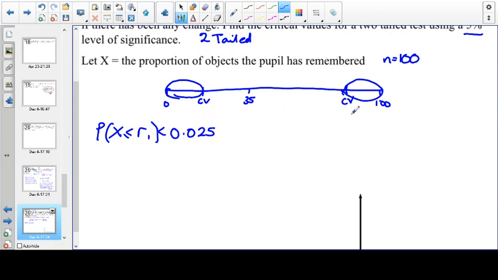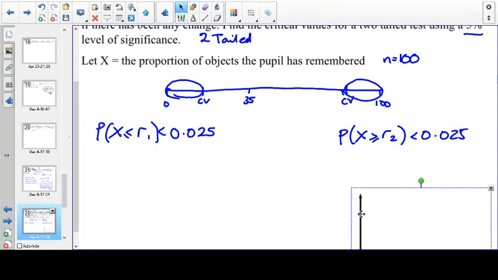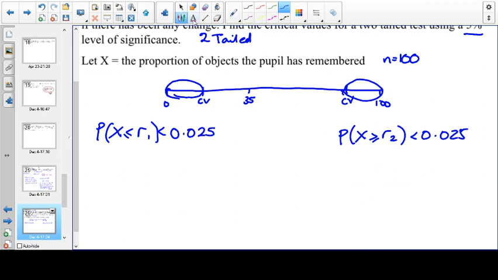And for this one, we want the probability that X is greater than or equal to R2 to be less than 0.025. So I'm just going to call them R1 and R2 for the two separate critical values.